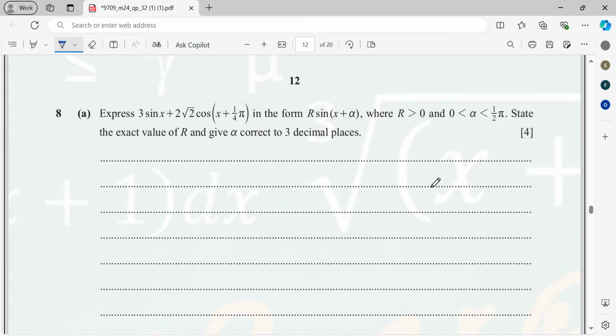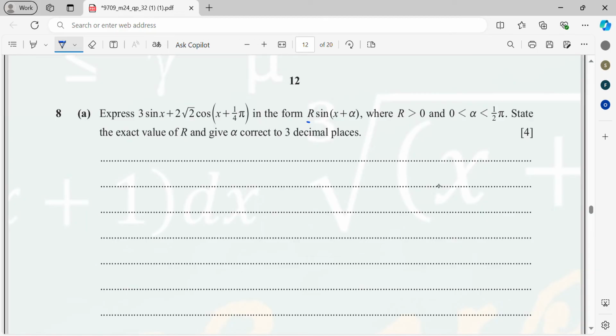Okay, question number 8. Express 3 sin x plus 2 square root 2 cos of x plus 1/4 of pi in the form r sin of x plus alpha, where r is greater than 0 and alpha is between 0 and half pi. State the exact value of r and give alpha to 3 decimal places.